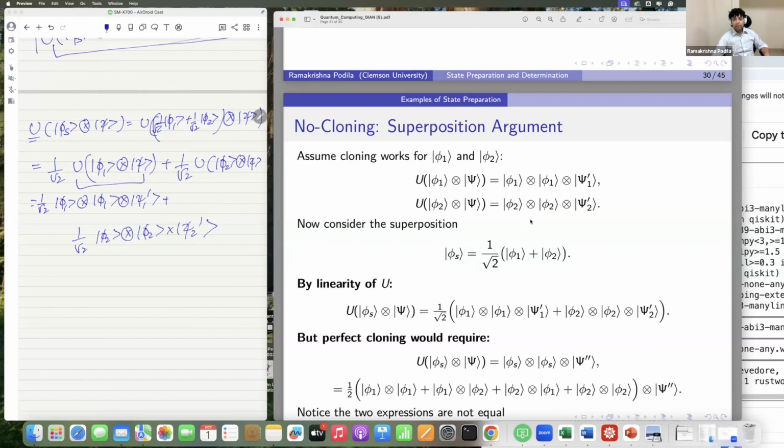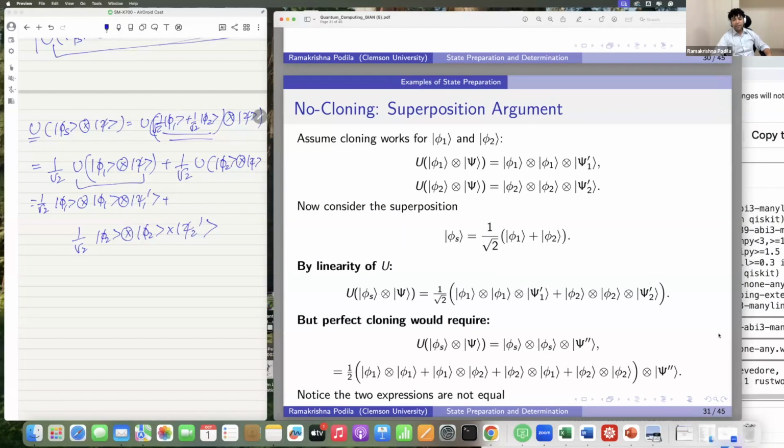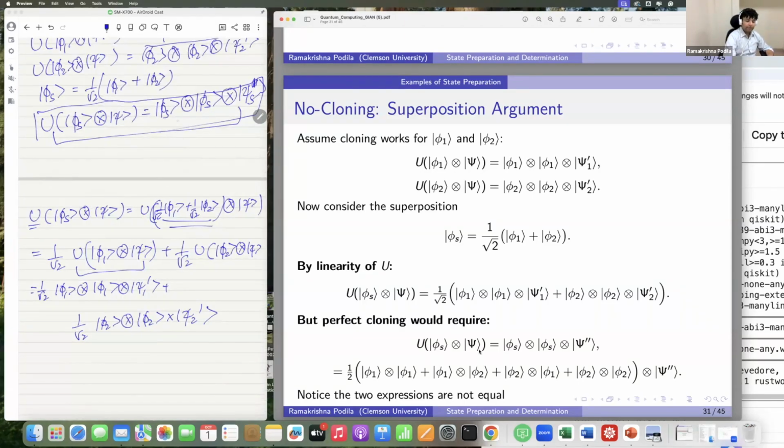Clearly, whatever I get here, when I use linearity, when I expand this phi s out as phi 1 and phi 2 and operate on phi 1 first and phi 2 next, then whatever state I get is not the same as what I would get if I cloned phi s directly. If I clone phi s directly, like the boxed relationship that I have here, I should get phi s cloned from phi s, and then the device returns to this psi state.